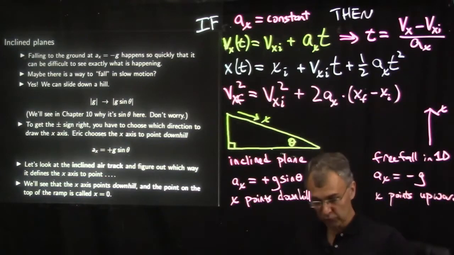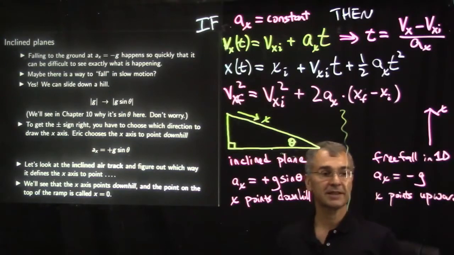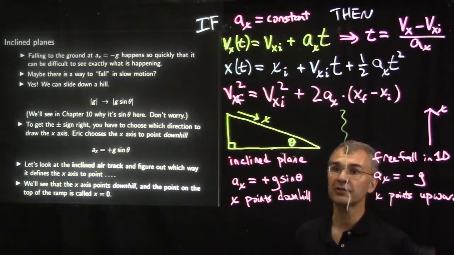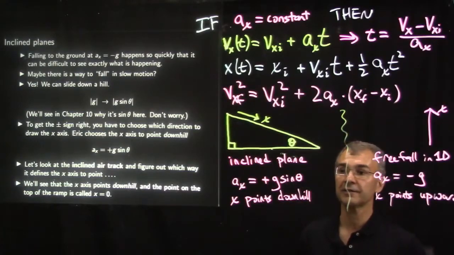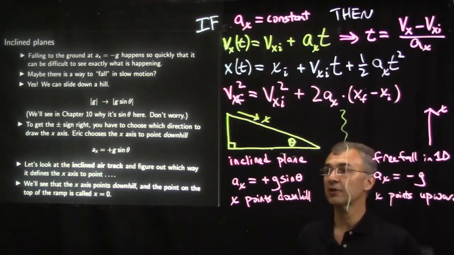Okay, so these are the two situations that we are going to use again and again in chapter 3 problems. So we have constant downhill acceleration of magnitude g sine theta for an inclined plane, and we have constant downward acceleration of magnitude g for free fall near Earth's surface.